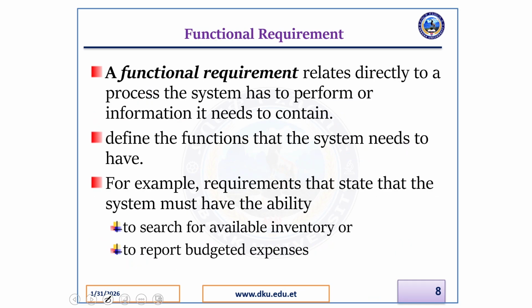So, functional requirements. A functional requirement relates directly to the processes the system has to perform or the information it needs to contain. It defines the functions that the system needs to have. For example, a requirement that states that the system must have the ability to search for available inventory or to report budget expenses.